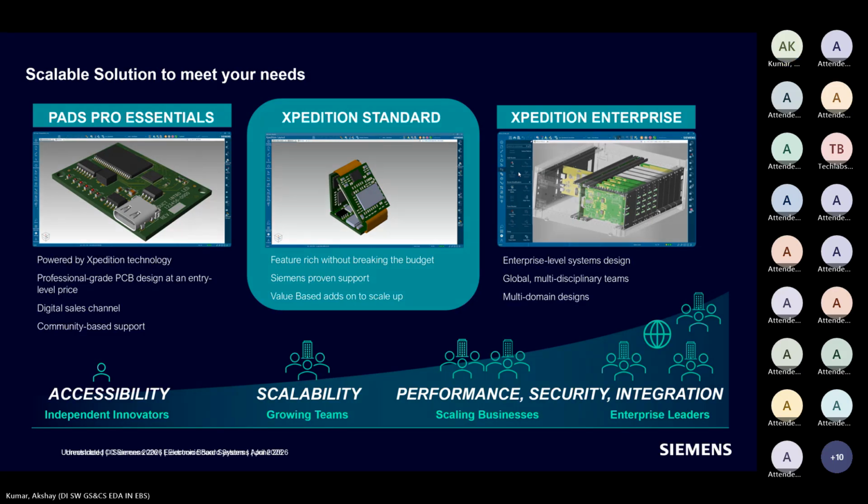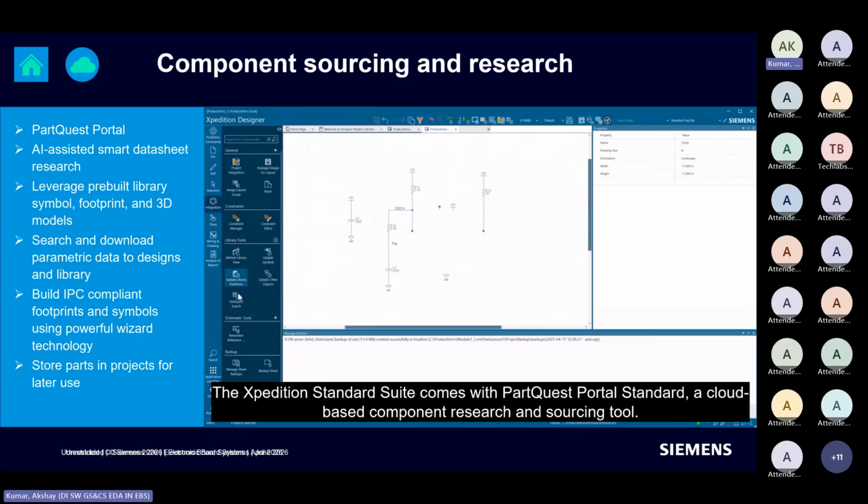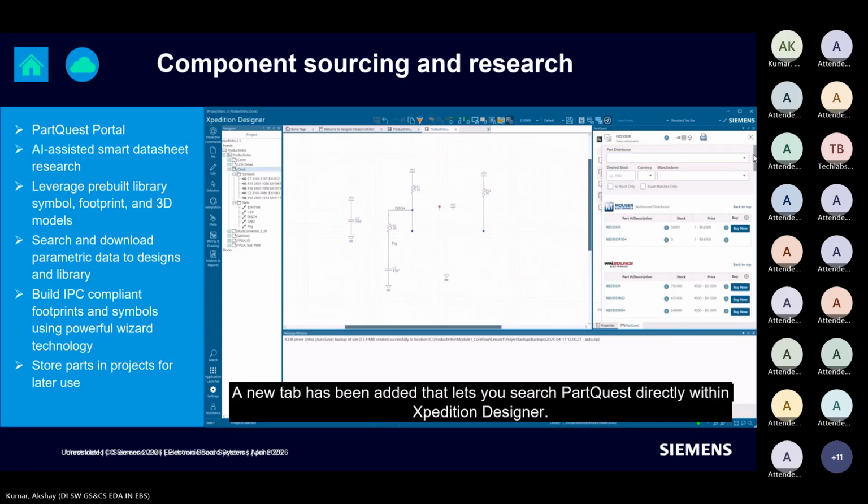Now, in order to talk about the PCB design tool, for any product, the basic thing that gets started with is the component sourcing and research, right? So what Expedition Standard offers you by default is Part Quest Portal, which is a web-based portal where you can just go and find the components and use those components directly in your library or onto your schematic as well, right?